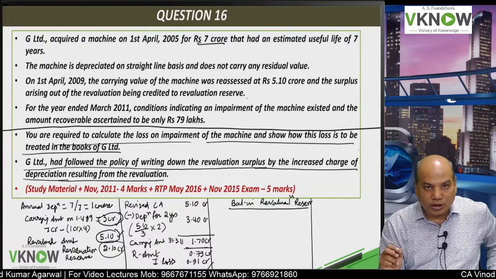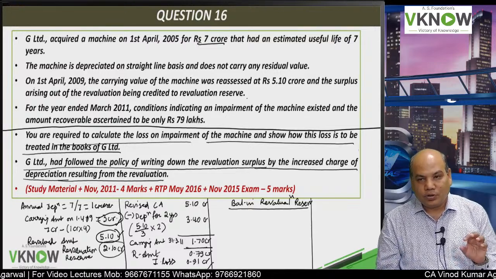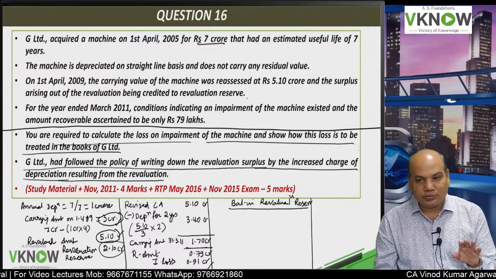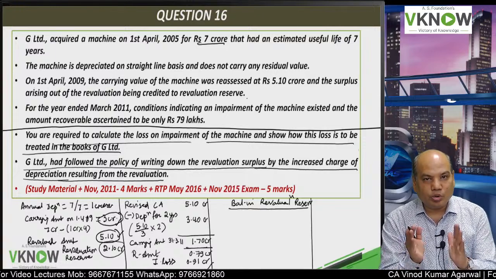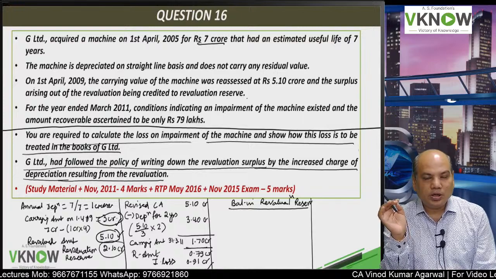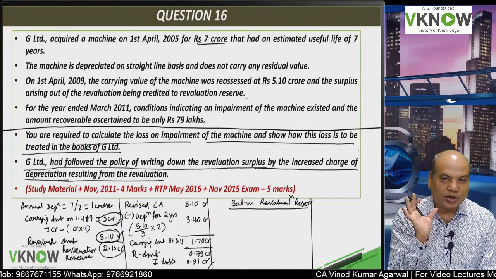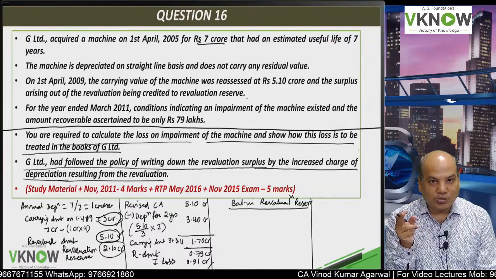So understand, as per the company policy, if because of revaluation the company has to provide more depreciation, that additional depreciation will be transferred from revaluation reserve to general reserve. AS 10 allows you to do that.